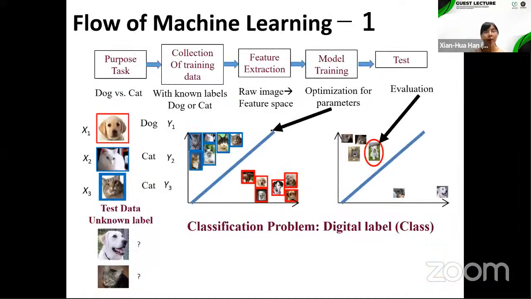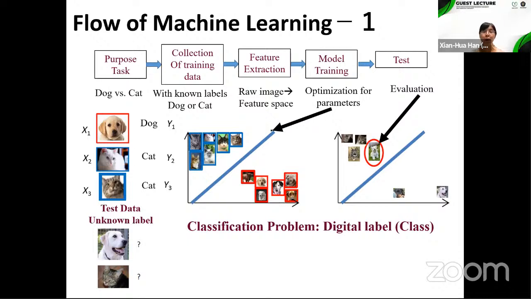So let's first look at the flow, the procedure of machine learning with a given task such as image classification, dog and cat image classification. The first thing we have to do is collect the training dataset for conducting supervised learning. The training dataset includes the input images and their labels, the ground truth, such as dog and cat.